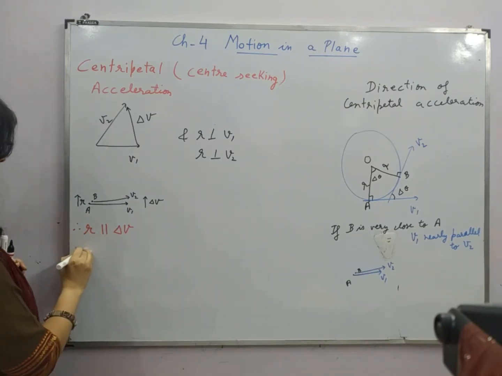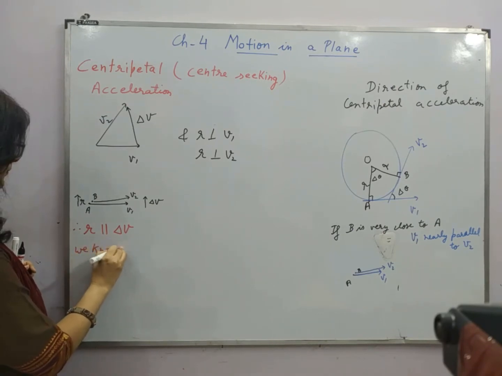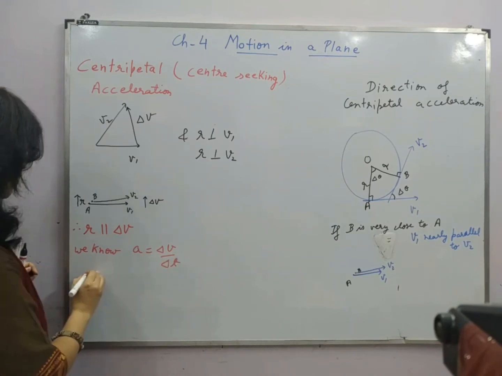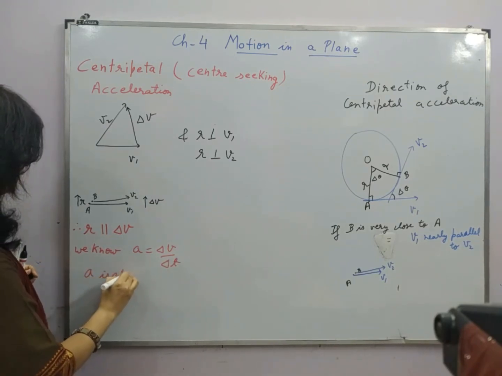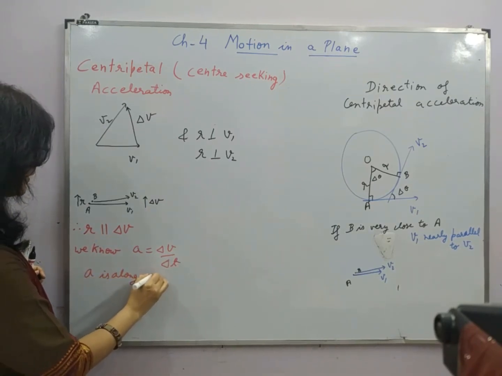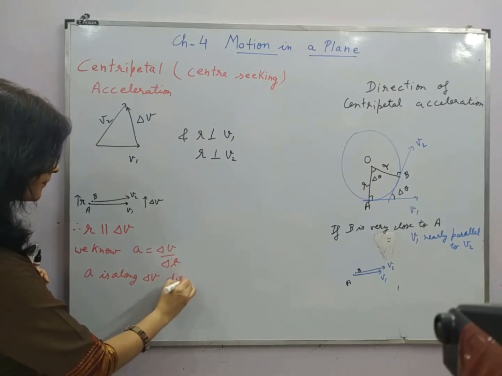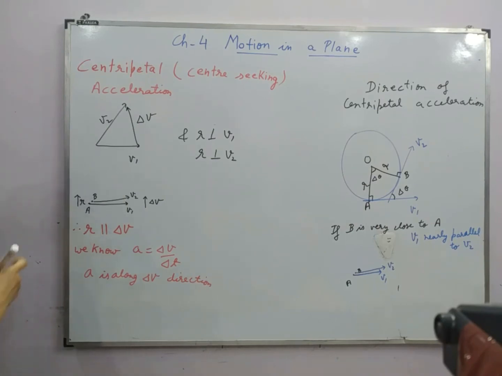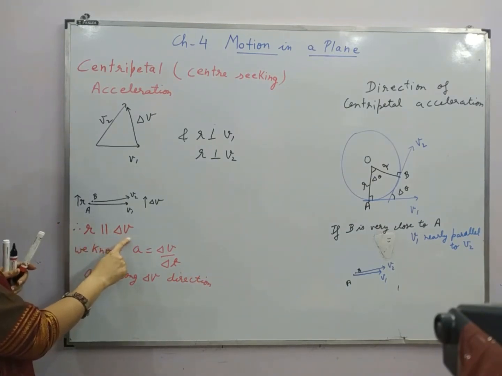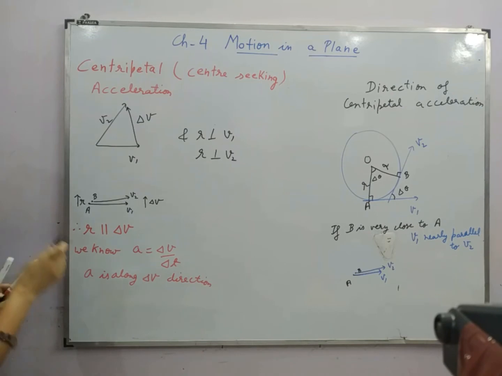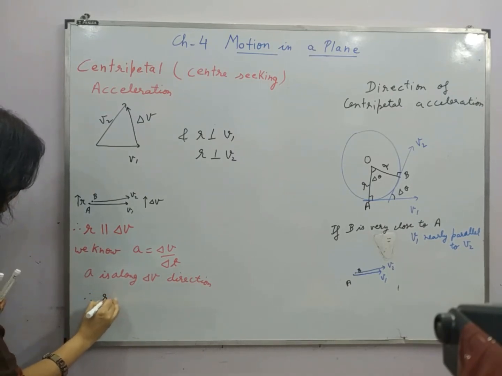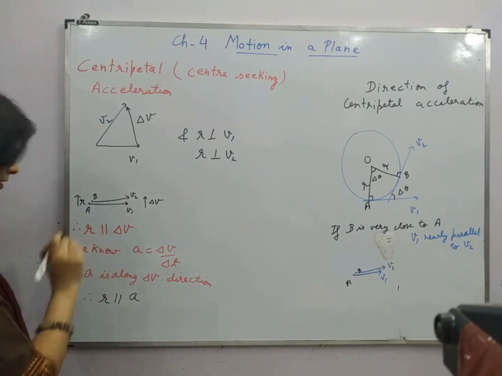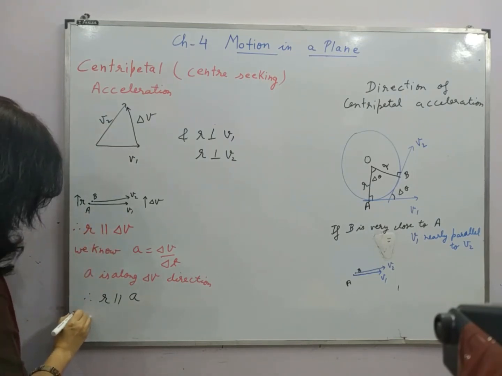And we know that acceleration is delta V upon delta T. So A is along delta V. Yes or no? So we can say if R is parallel to delta V, so we can also say that R is parallel to this. And what is this? This is centripetal acceleration.